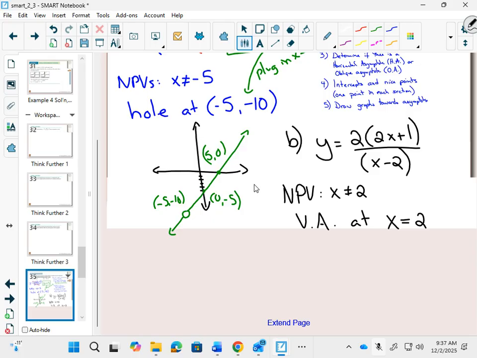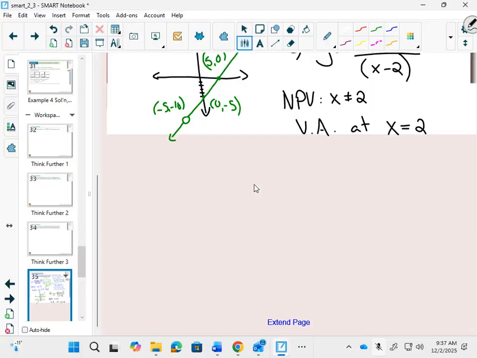Asymptotes have an equation. You see the word write an equation? That has an equal sign. So the non-permissible value we write with x can't equal 2. An asymptote is an equation. We always write the equation of a vertical line as x equals, and in this case it's x equals 2.